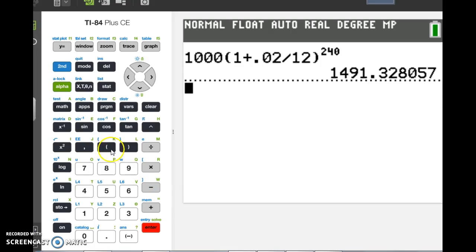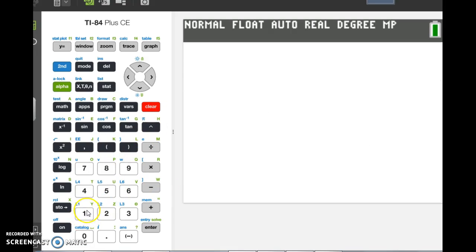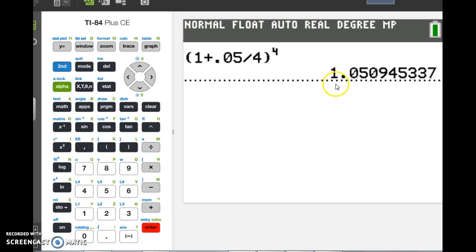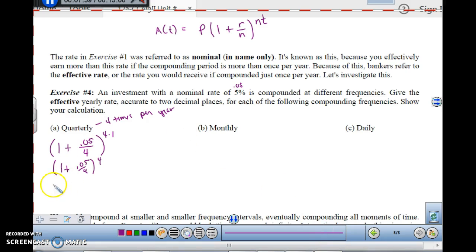If I go to my calculator, it would be parenthesis, 1 plus 0.05, close your parenthesis, divided by 4, close your parentheses, raised to the 4th power. So that's 1.05094.